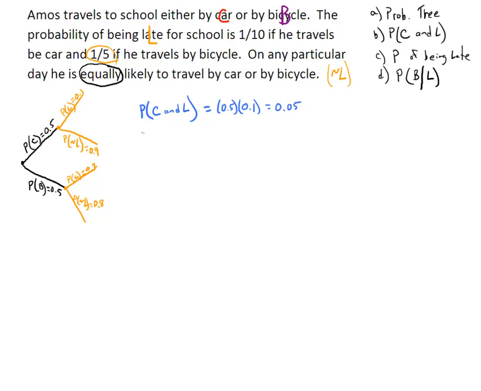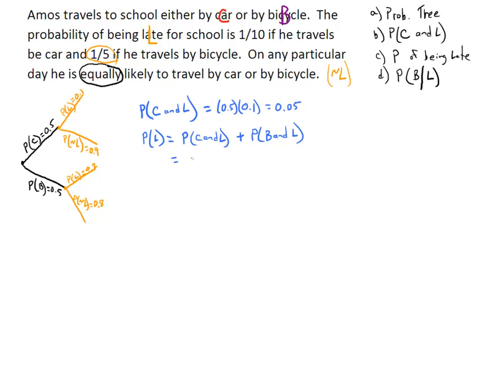Next, we have the probability of being late. So there are 2 ways he can be late. That can be the probability of taking the car and being late, plus the probability of taking his bike and being late. In this example, the probability of car and late, well, we won't write that out because we just calculated it.